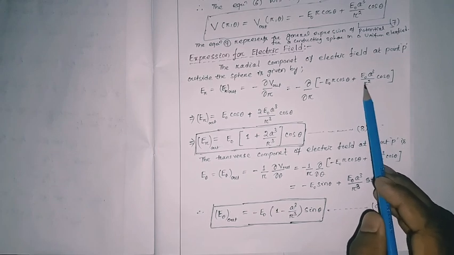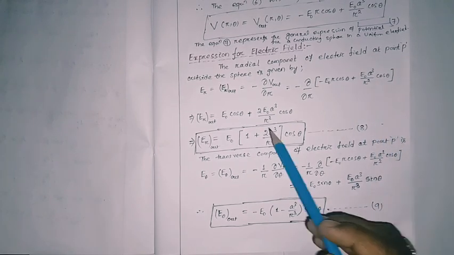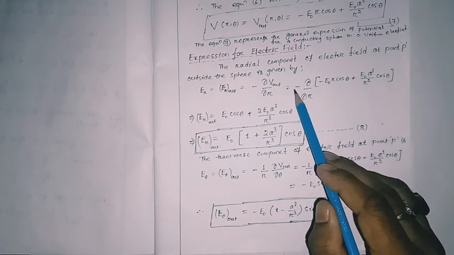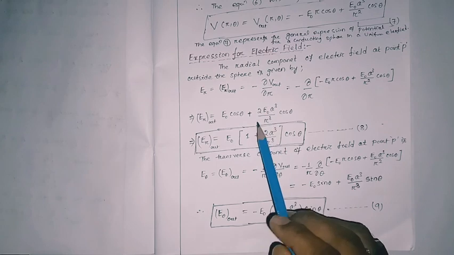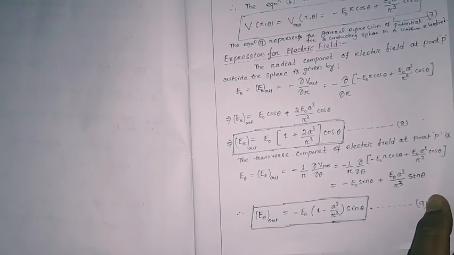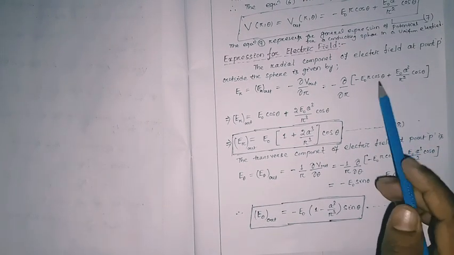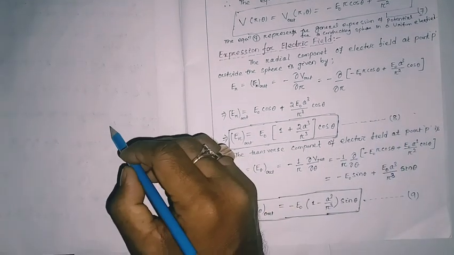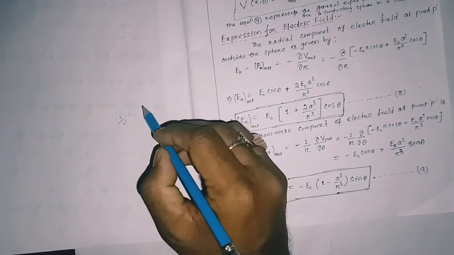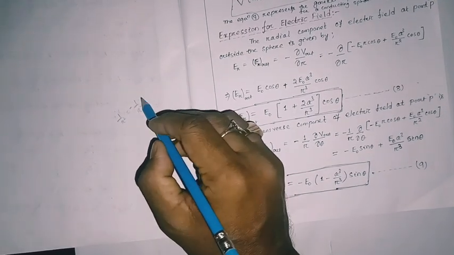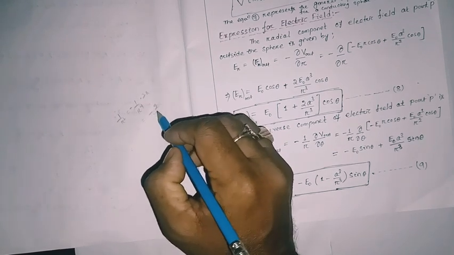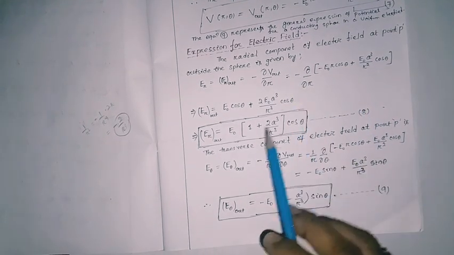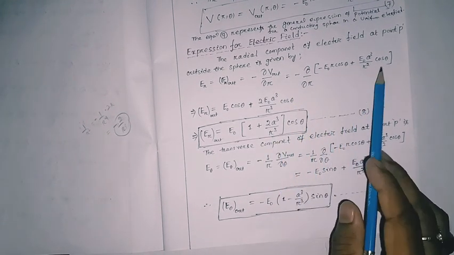If I take the derivative of 1 by r square, it will be minus 2 by r cube, and with the other minus this will be plus. So 2 a cube by r cube cos theta.